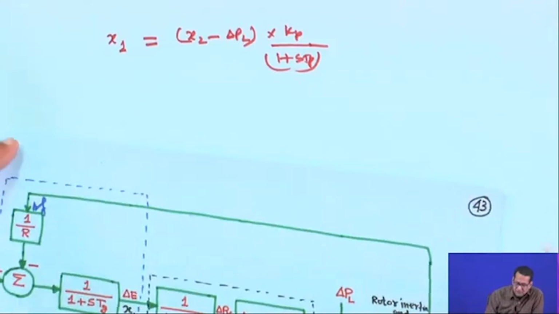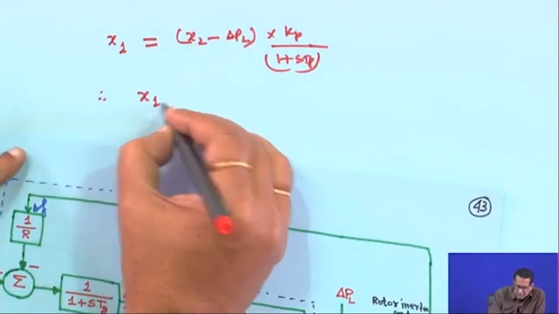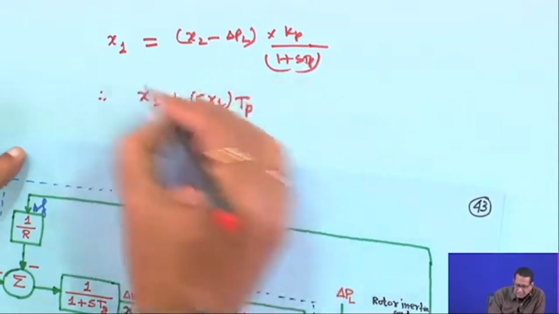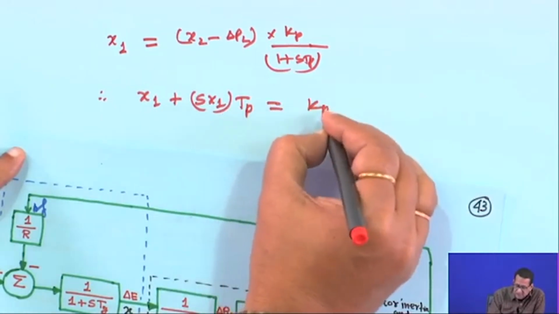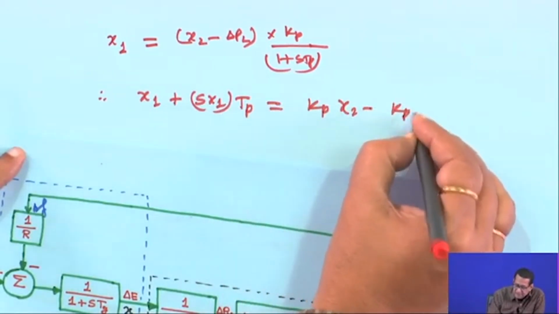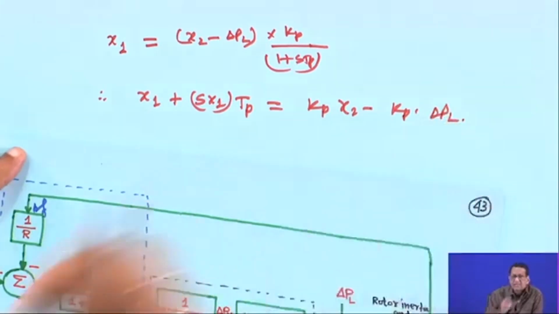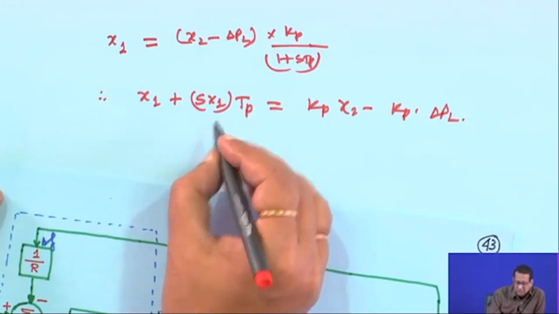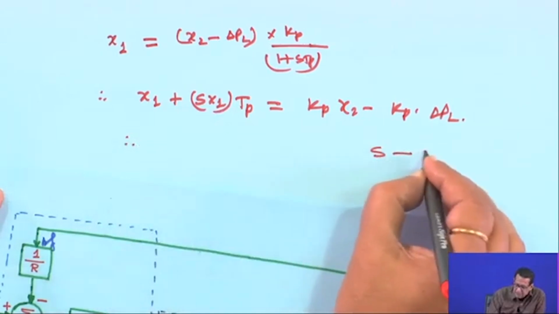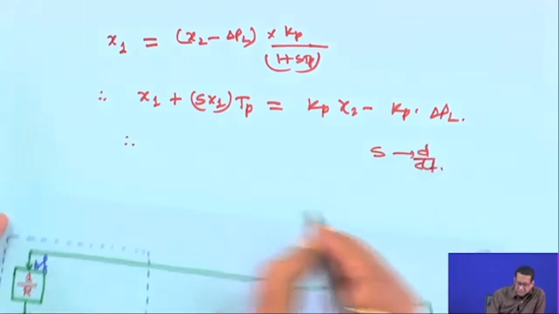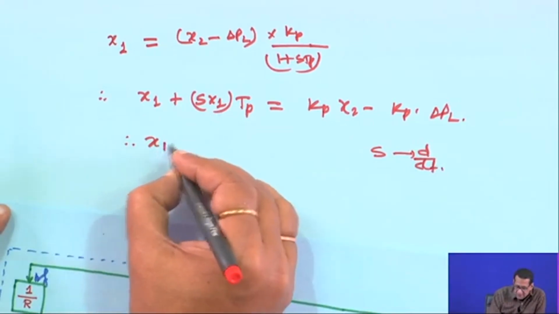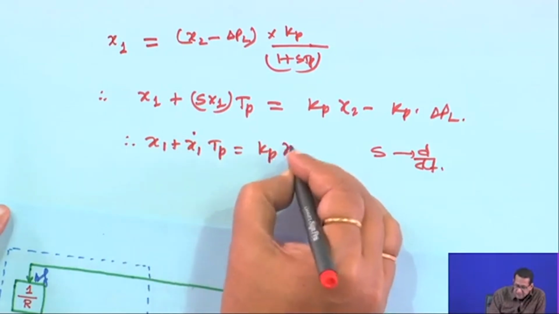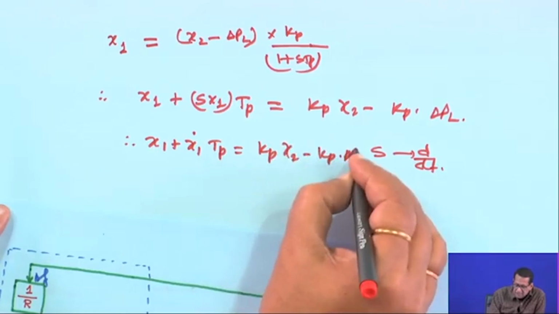You cross multiply, that means x1 plus S x1 Tp is equal to Kp x2 minus Kp into delta PL.